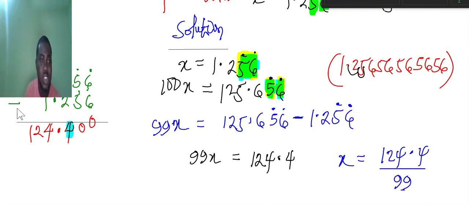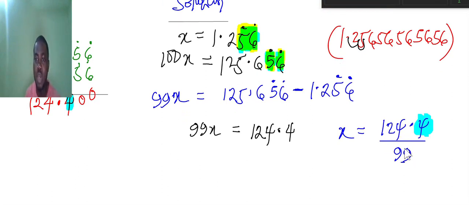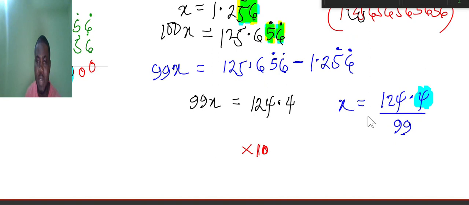Because this is just a single digit after the decimal, let's eliminate that single digit. The only thing we can do, which is normal mathematics, is to multiply both numerator and denominator by 10, so that we can get a proper fraction that the examiner wants.